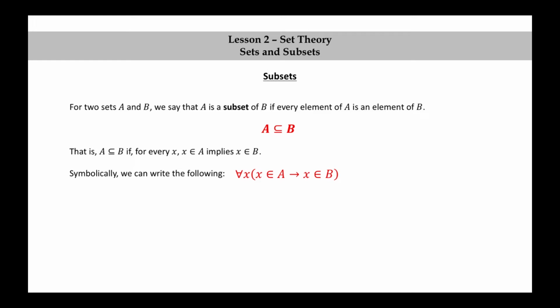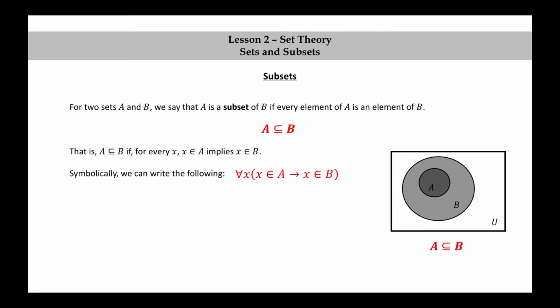Okay, so again, we have for all x, x in A implies x in B. Or for all x, if x is an element of the set A, then x is an element of the set B. That's what it means for A to be a subset of B.